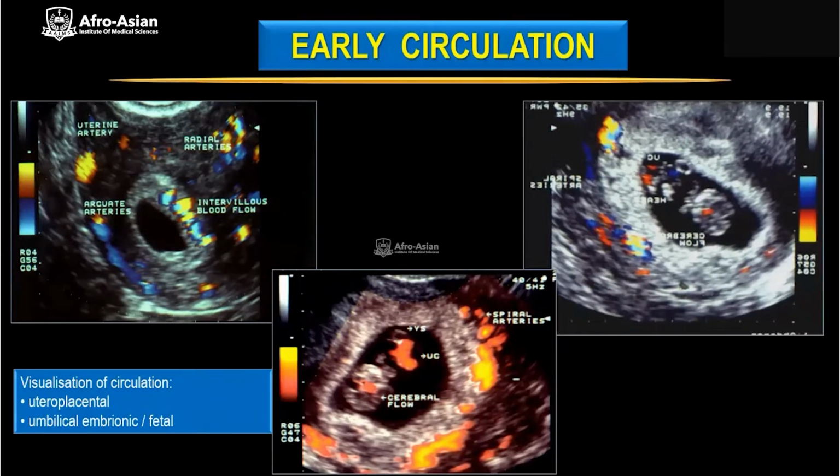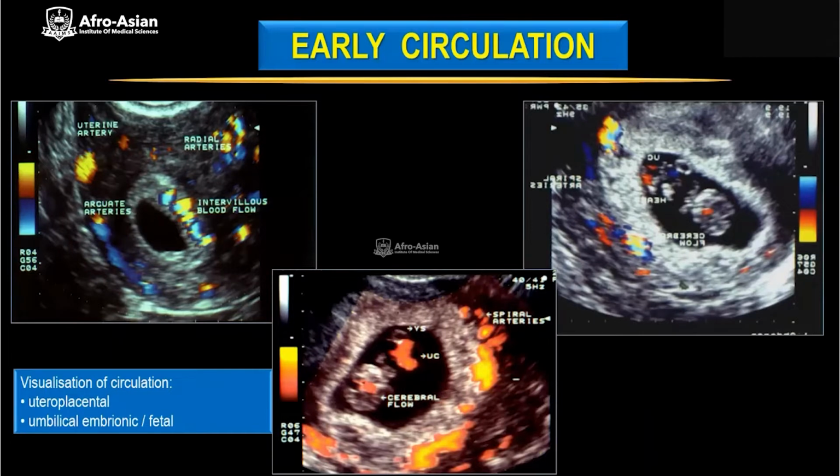We can use it at intervals so that if there is any unknown hazard, we can avoid that. We discussed that there is no known or documented hazard of color Doppler in biological life.